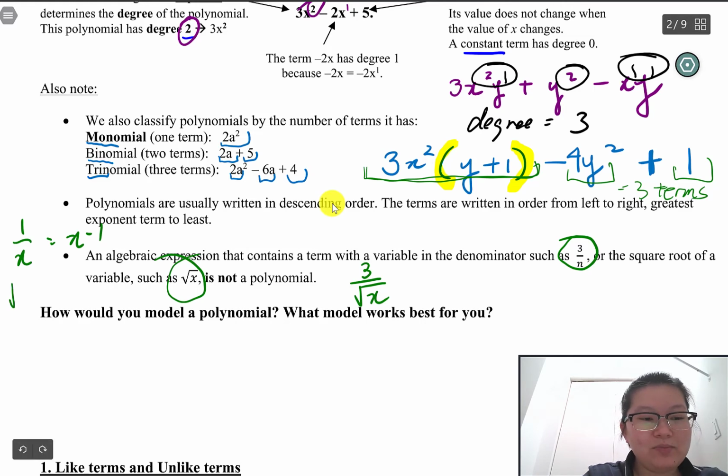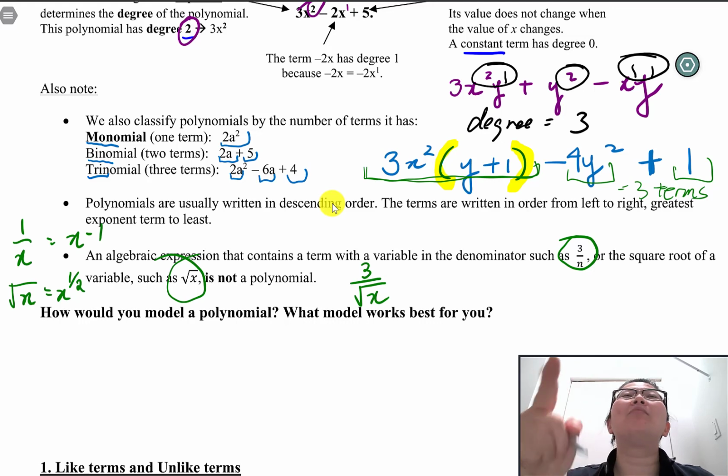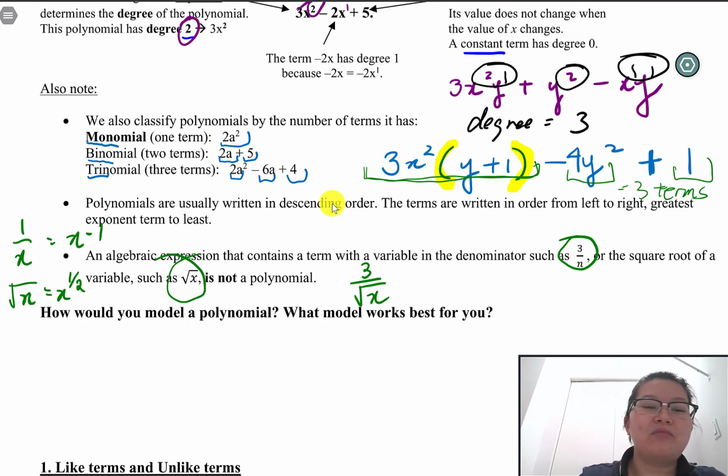I've also maybe touched on the fact that the square root of an x is technically x with an exponent that is a fraction, a half per se. So remember the definition of a polynomial is the variables must have whole number exponents, and of course these do not fulfill that requirement, thus are not polynomials.